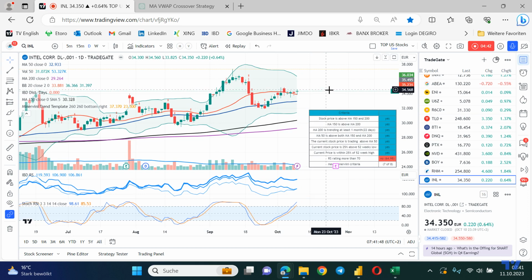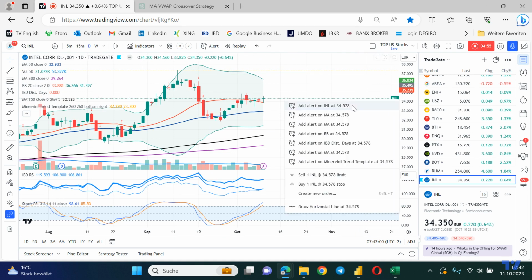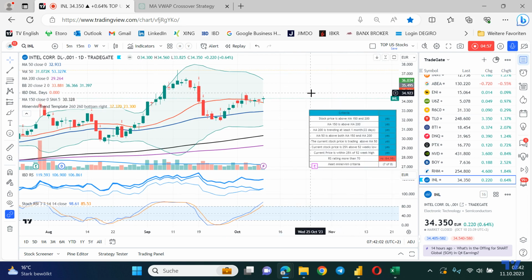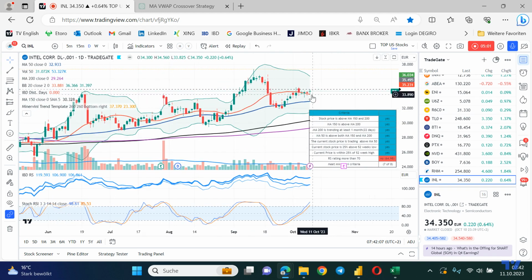So let's mark that, despite the fact that it's no longer, so to say, in an oversold position according to the stochastic RSIs. But we could consider to open a position if the price goes through the high of yesterday's price action.